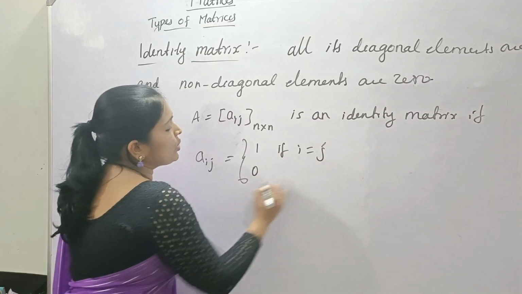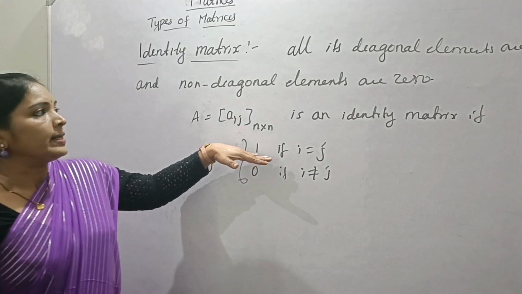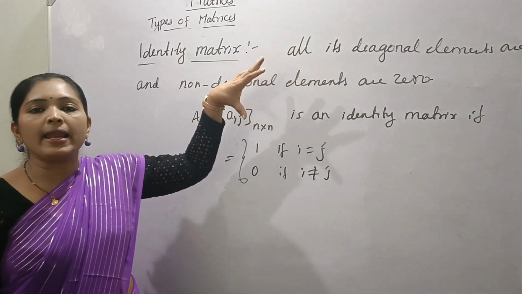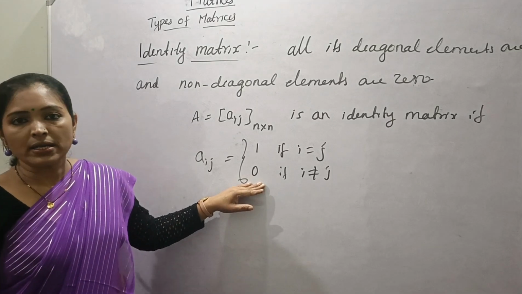And Aij is equal to 0 if i not equal to j. That is, all its diagonal elements are 1 and non-diagonal elements are 0.